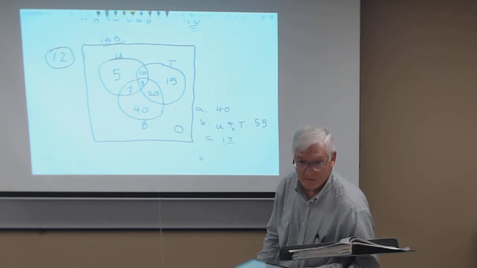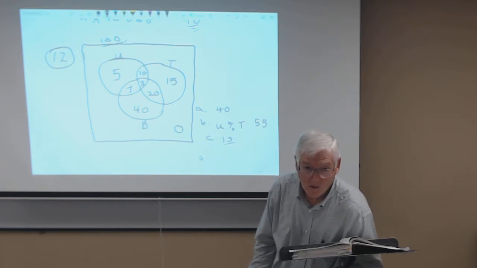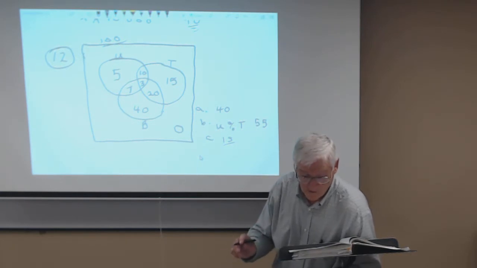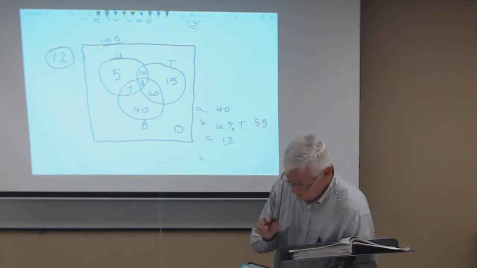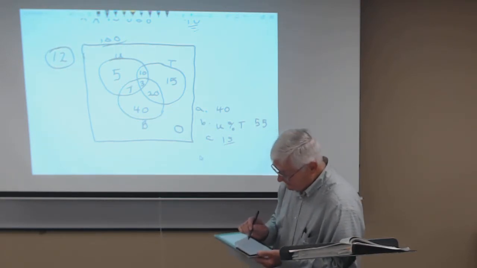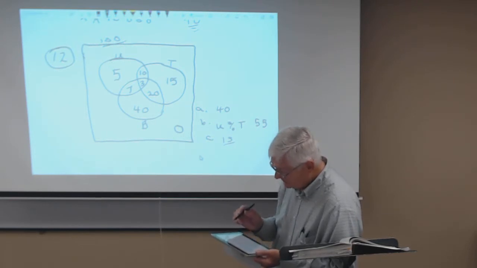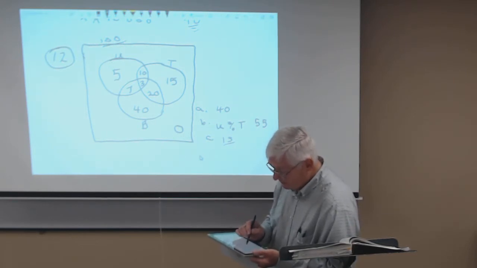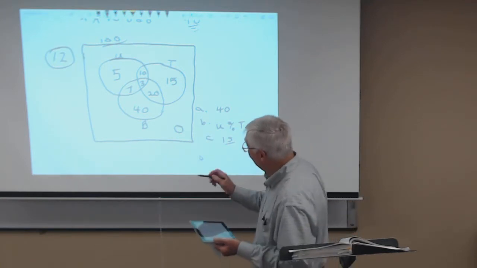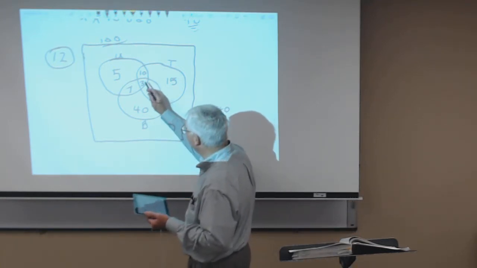Would it be add to 60? Or is it, no, it's just... Which one? 80. Letter B. Yeah. How many investors own neither bonds nor utilities? They don't own bonds, so they don't own any of this.